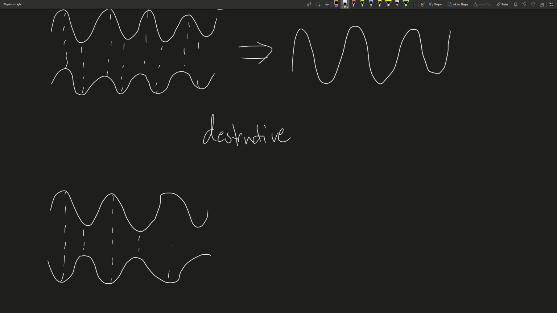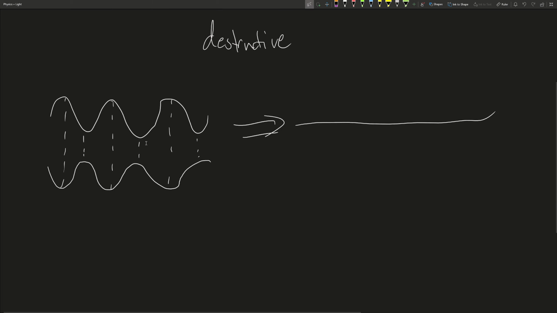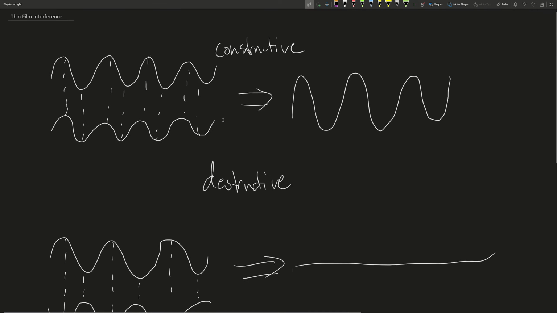When you add these together through superposition, they all cancel out, so you just get nothing. By destructive interference, these two light rays cancel each other, and you don't see anything. This is how thin film interference works.